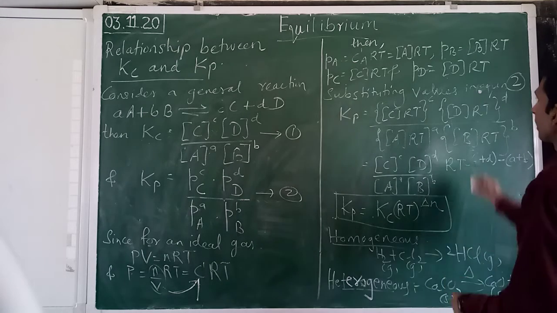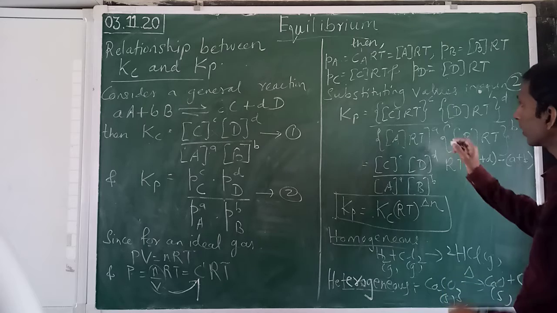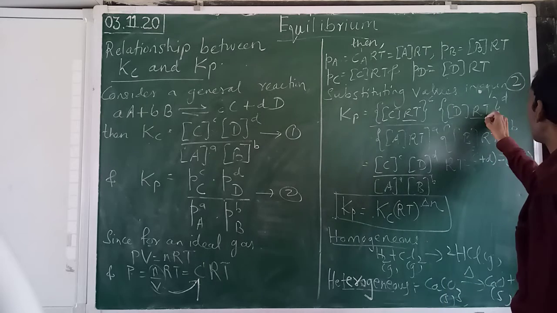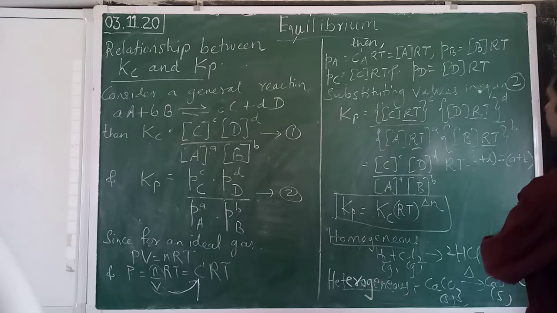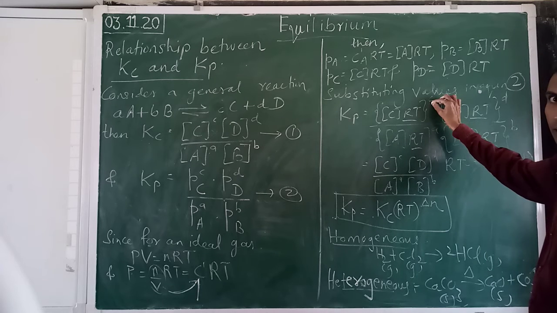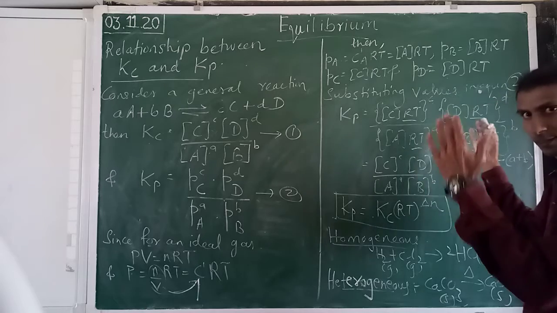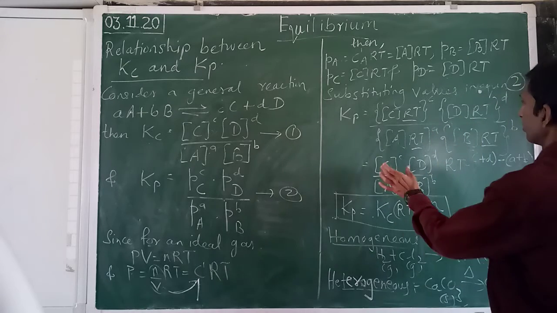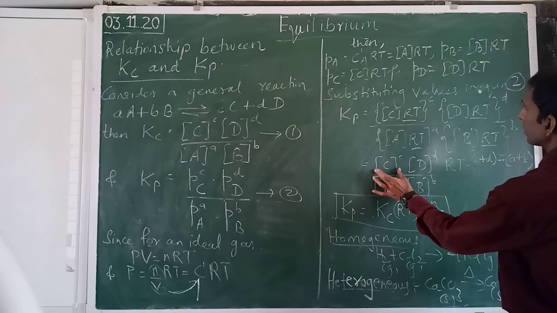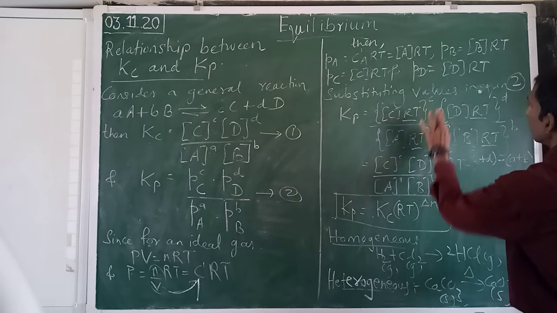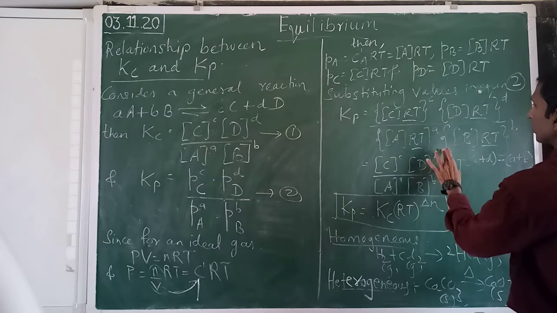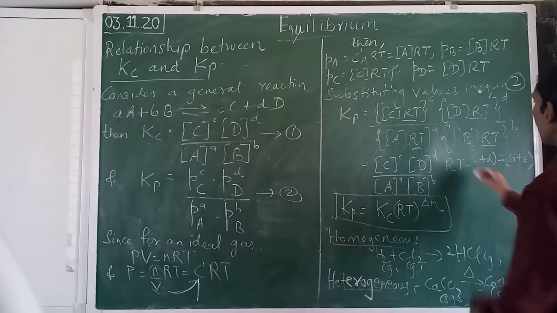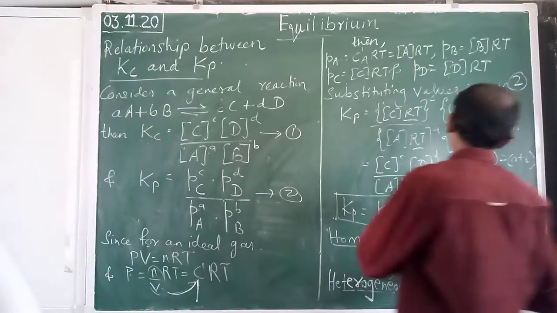Now, can you find out the common terms here? We have RT common in all the terms, so take RT common, and the indices we can add up. Now we can write [C] raised to c, [D] raised to d, [A] raised to a, [B] raised to b, and RT.